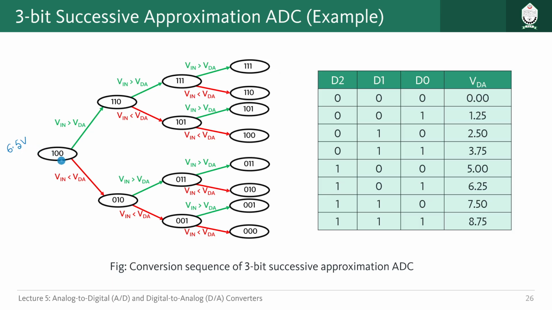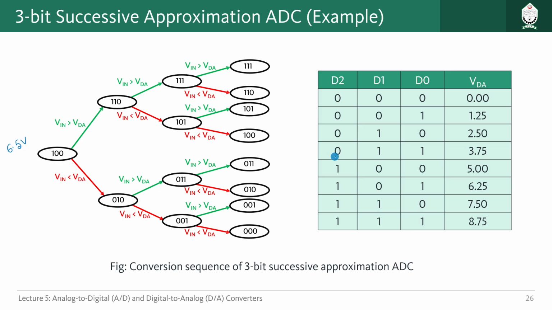If that is the case, the possible values for our analog signal can be these four, obviously not these lower ones. That means the most significant bit must be 1.